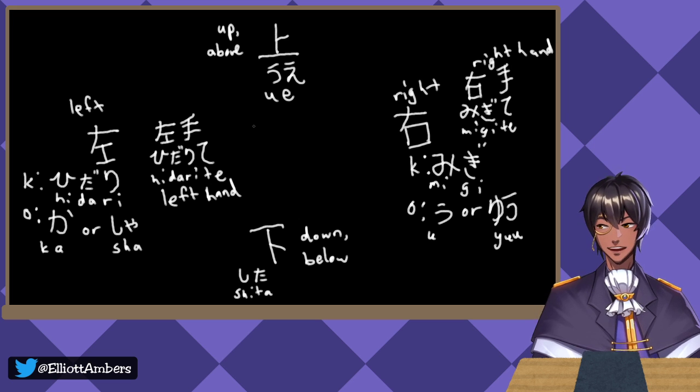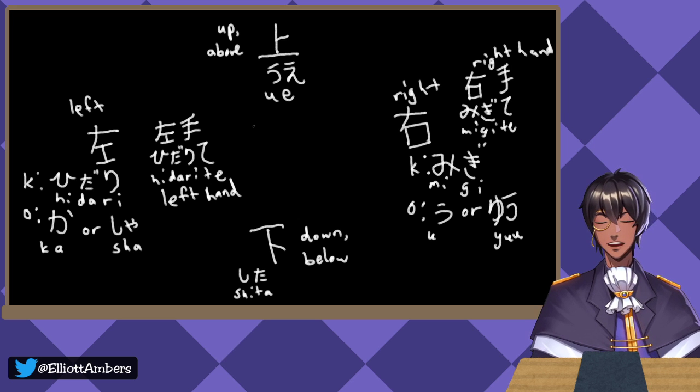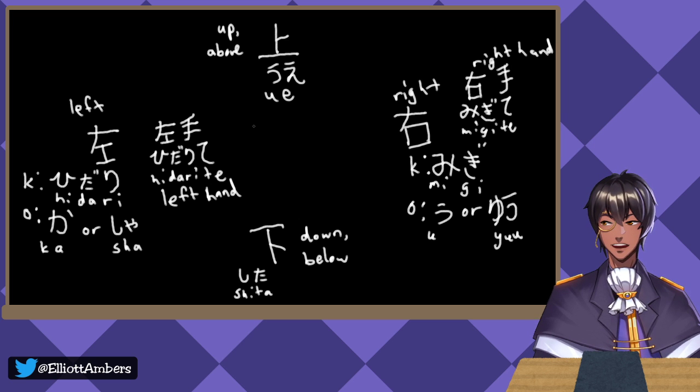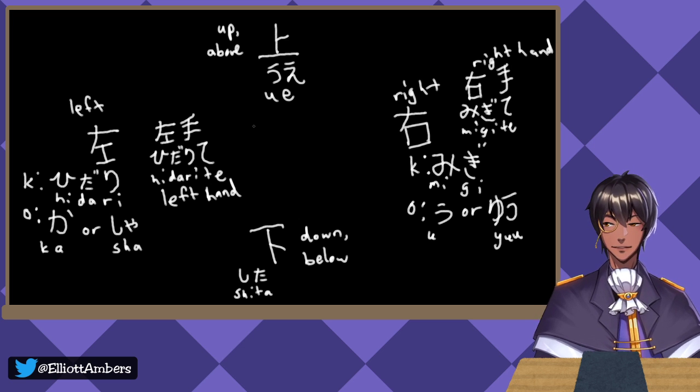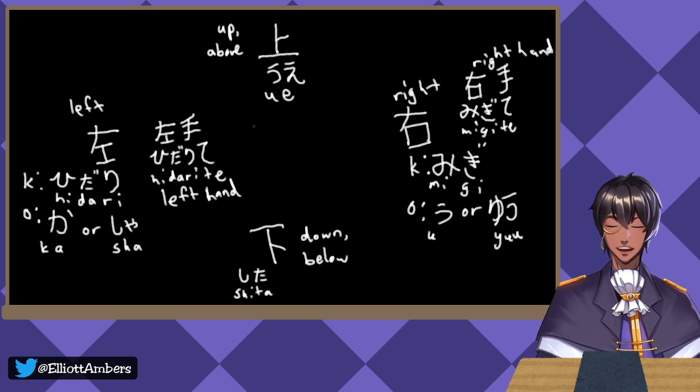I just wanted to cover that because, again, they're common and they're very connected. If you're trying to explain directions, going left, going right, or if things are above or below you, like looking for something in a house, you would say ue or shita. So again, just another set of words that are all connected.